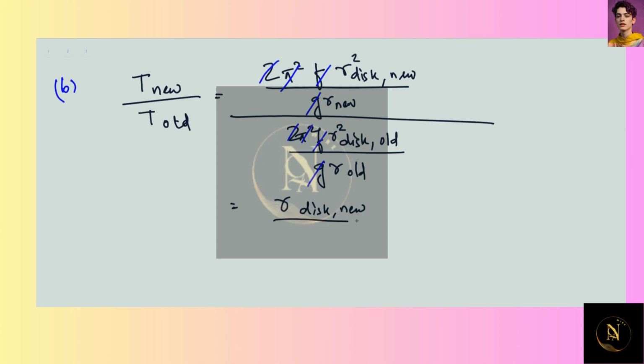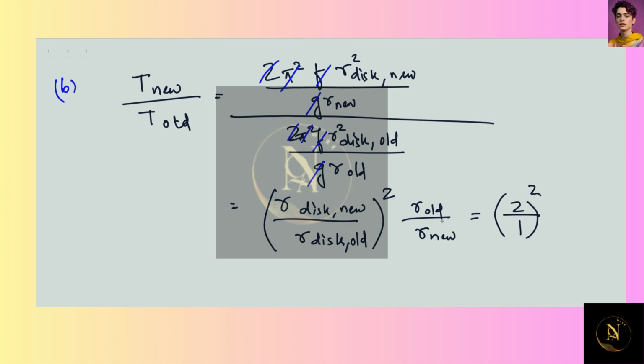the square of the ratio of the radius of the disk, and also times the ratio of the old radius over the new radius. And this will be equal to, since the new radius is twice the old radius for the gyroscope, 2 over 1 squared. And for the axle, this is 1 over 2.